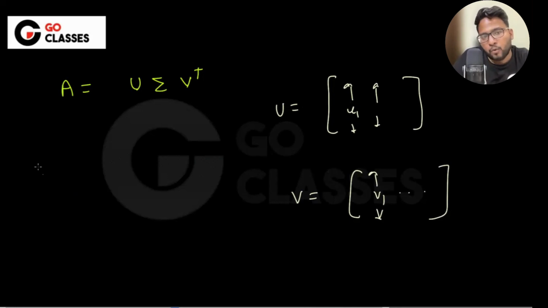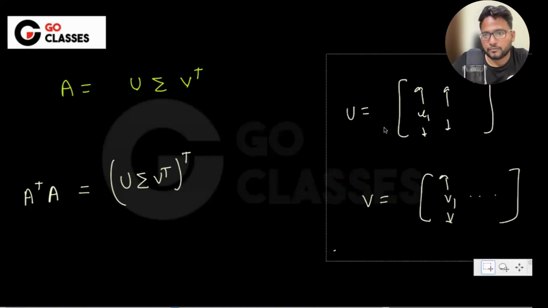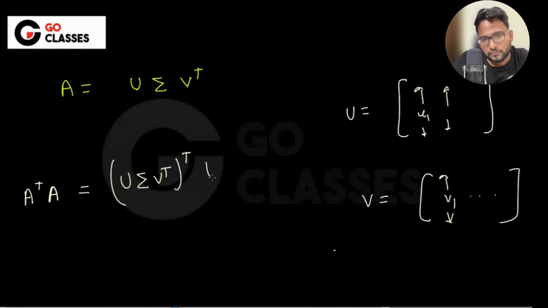Then tell me what will be A transpose A. Can anyone tell me A transpose A? It will be (U sigma V transpose) whole transpose into U sigma V transpose, right?